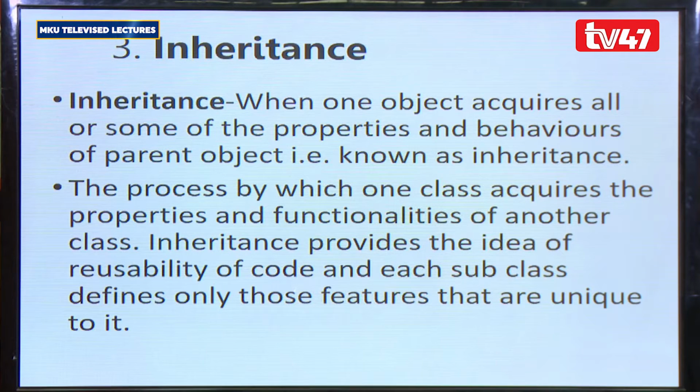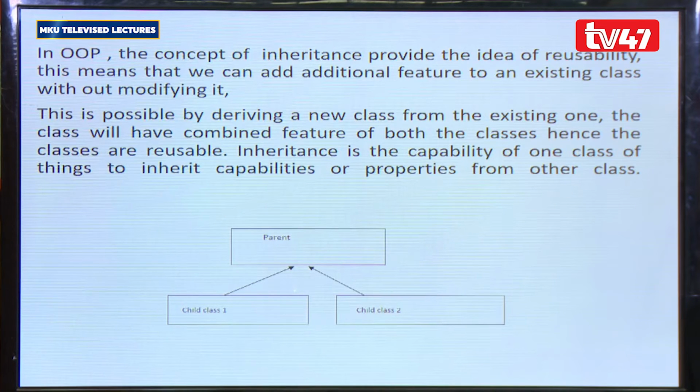And we can say that inheritance provides the idea of code reusability, and each subclass defines only those features that are unique to it. In object-oriented programming, the concept of inheritance provides the idea of reusability, and this means that you can add additional features to an existing class without modifying it.